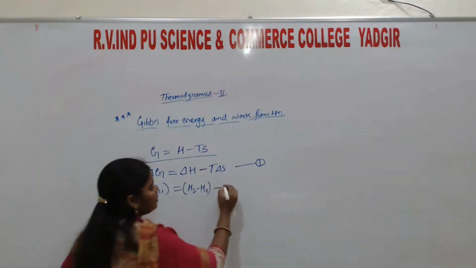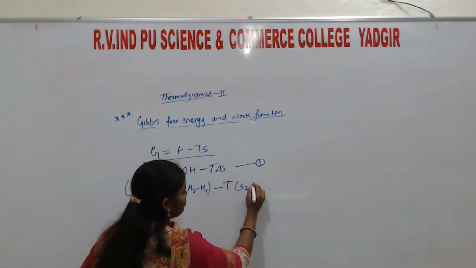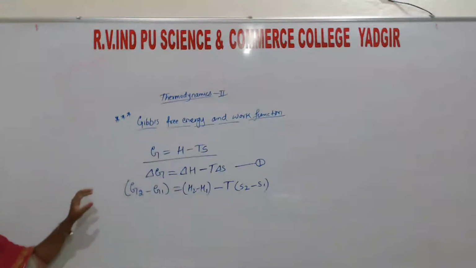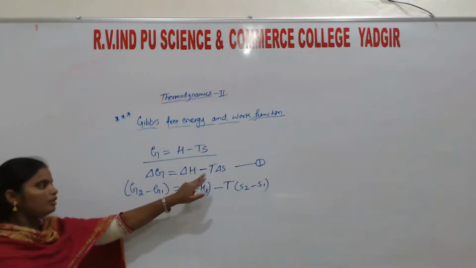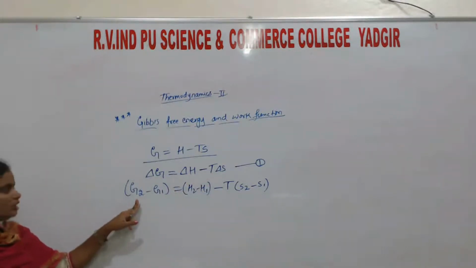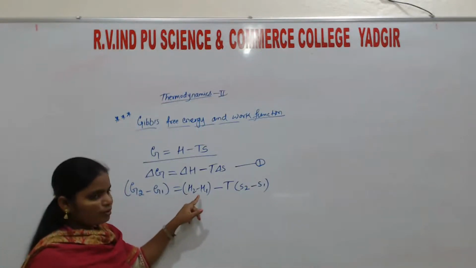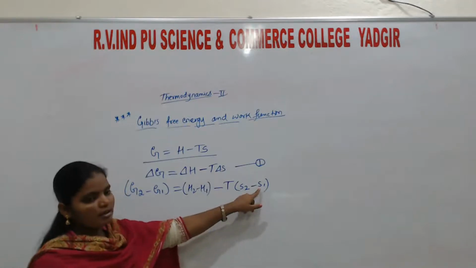Here you write T into S2 minus S1. Here the change in Gibbs free energy, enthalpy, and entropy gives G2 minus G1, therefore this equals H2 minus H1 minus T into S2 minus S1.